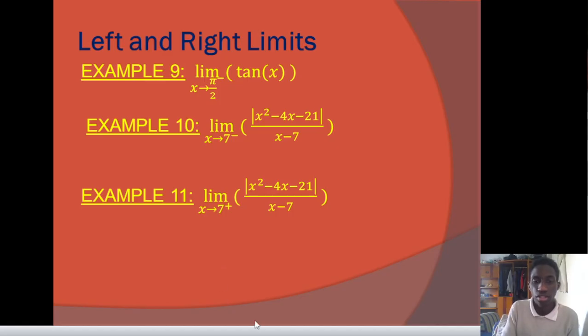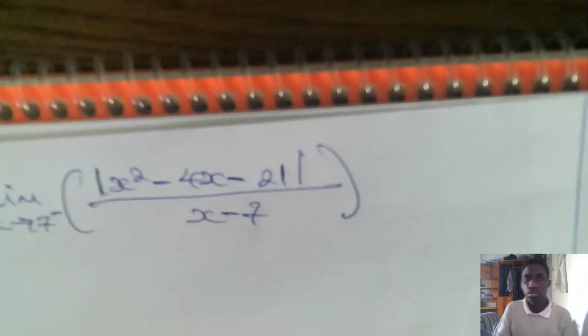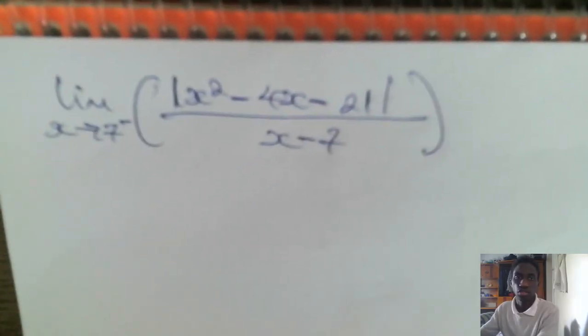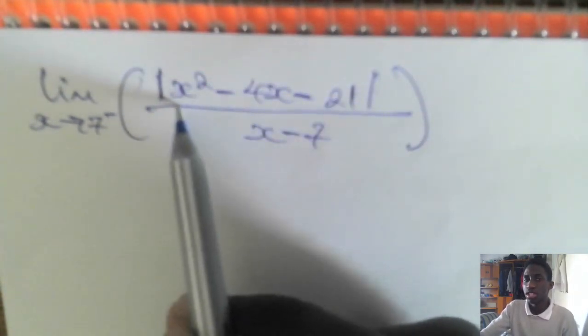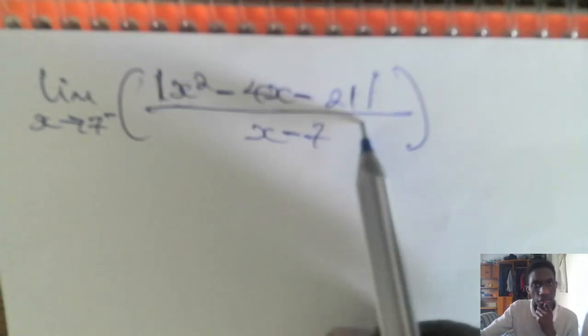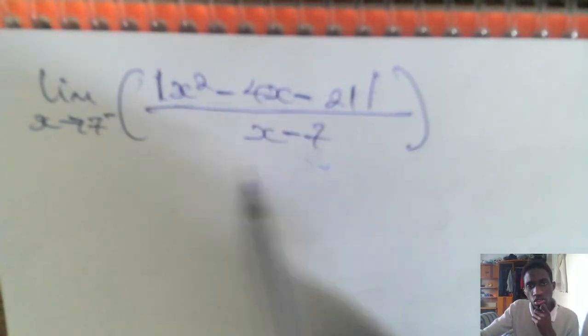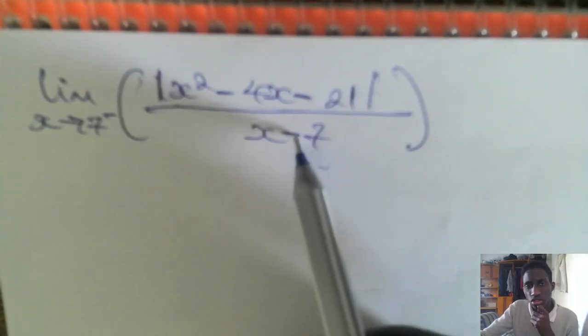All right. So this is what we have to work with, and we look at the absolute value. The absolute value is on the numerator here. Now notice also that 7 makes the denominator 0.